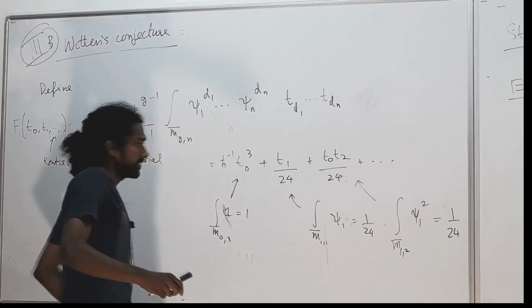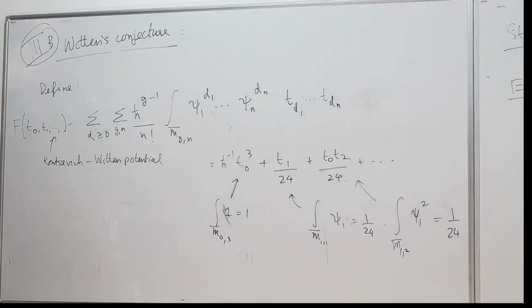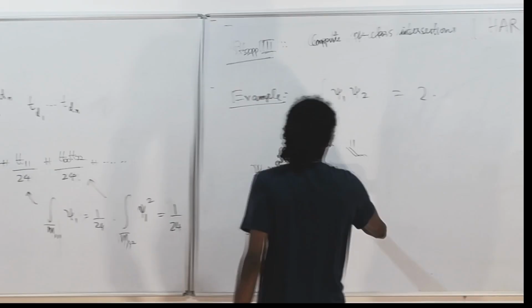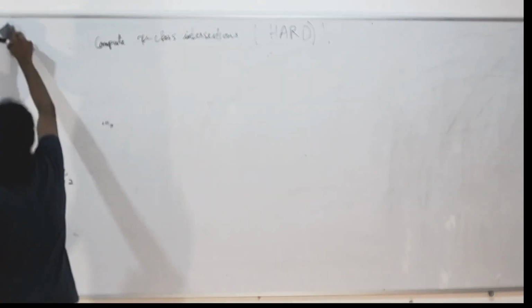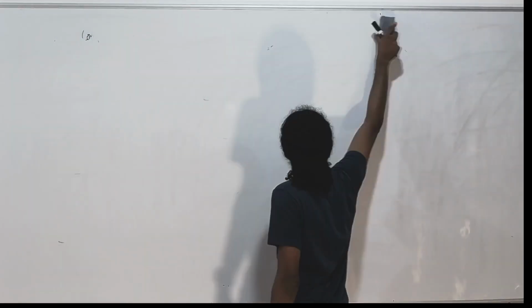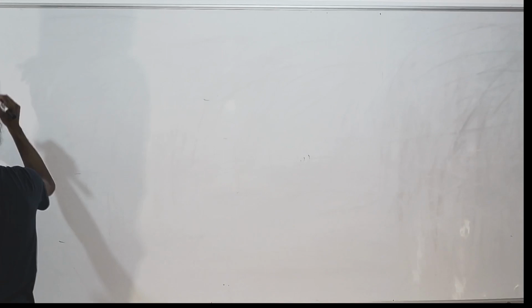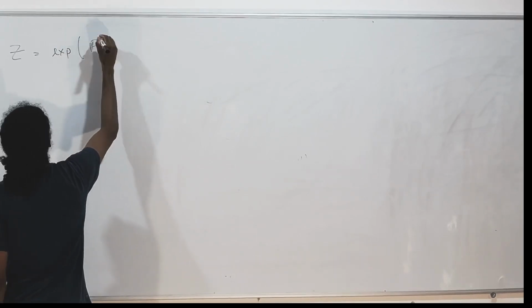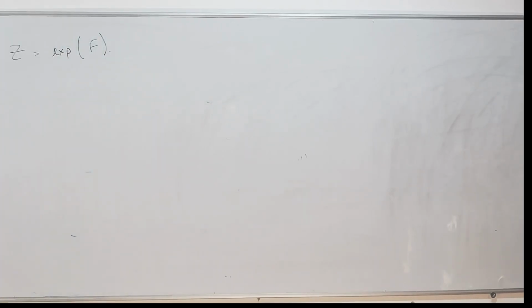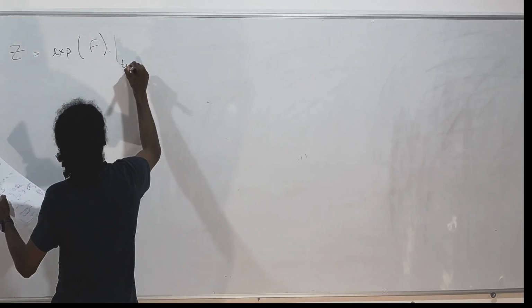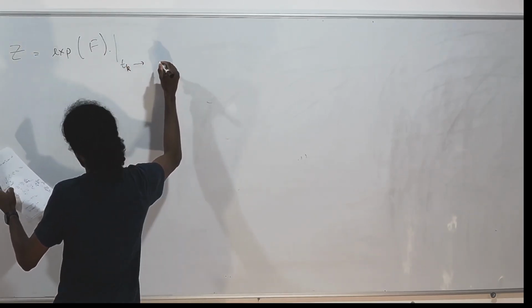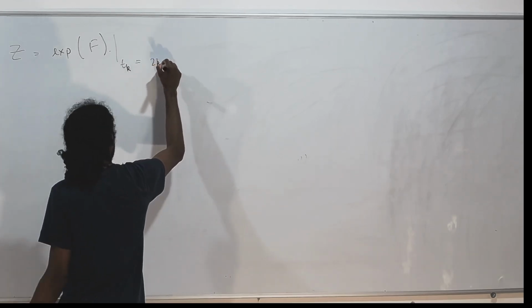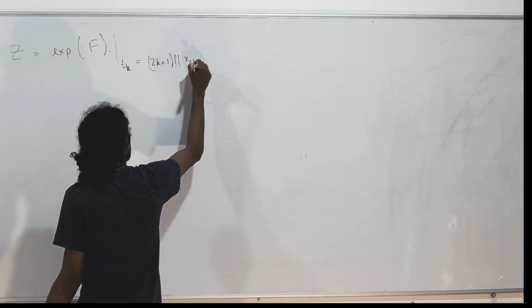Okay. And then I put all of this into some generating function called Z. And I do some change of variables, which is that I set t_k equals (2k plus 1) double factorial x_{2k plus 1}.